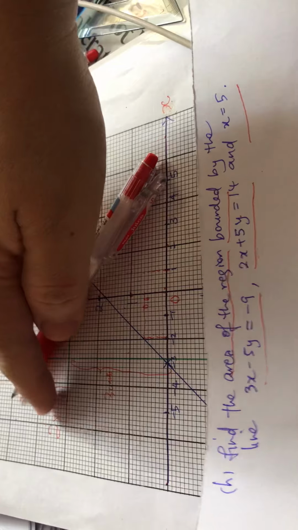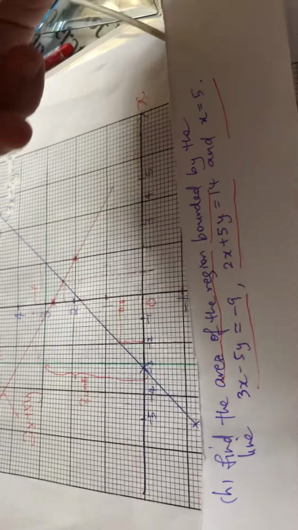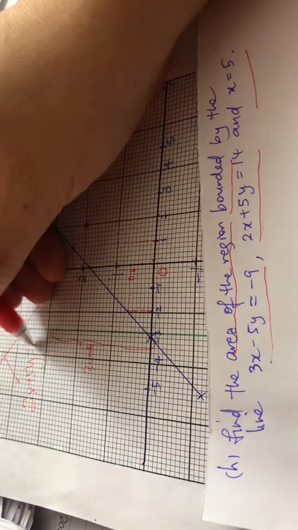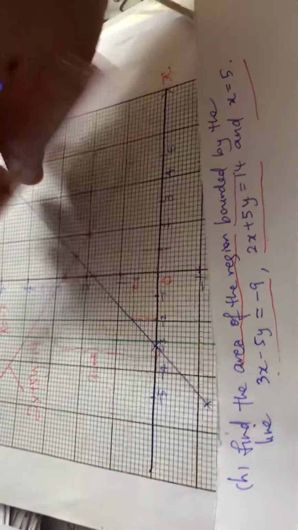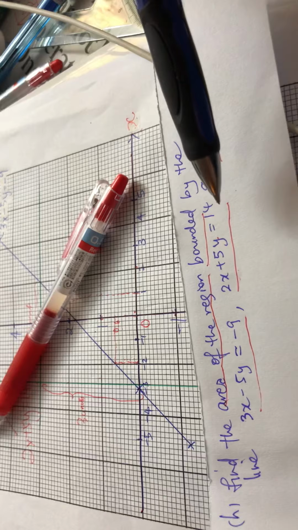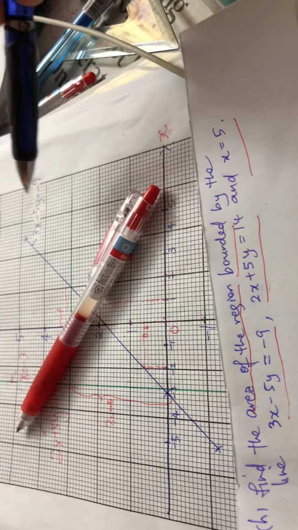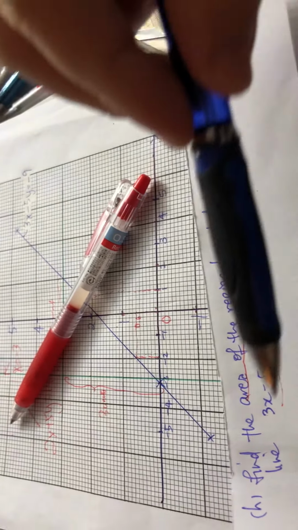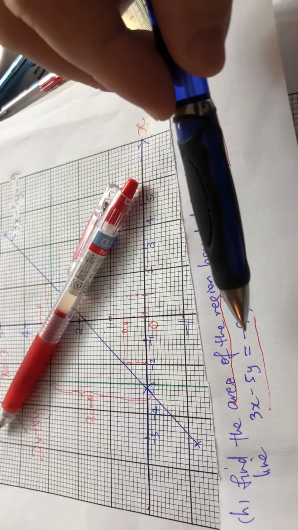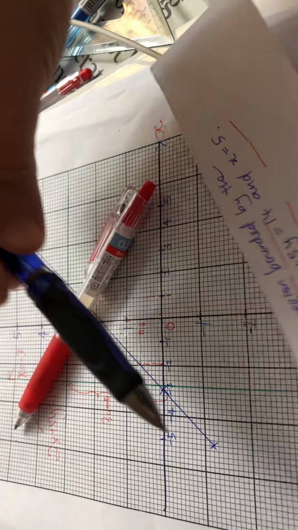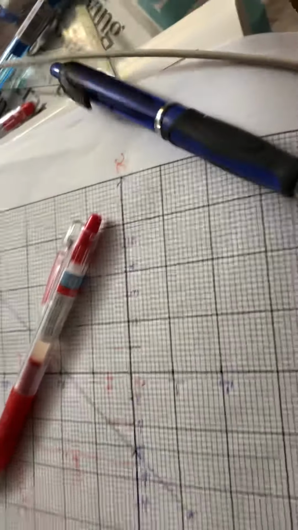2x plus 5y equals 14. You already have this line, and you already have 2x plus 5y equals 14, right? Then 3x minus 5y equals -9. This is the blue line.